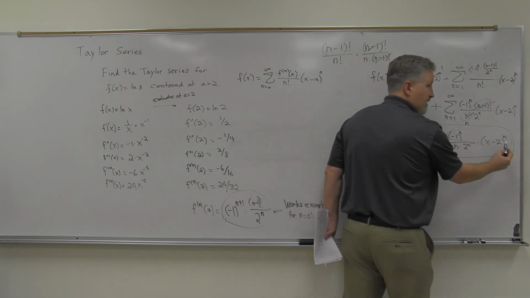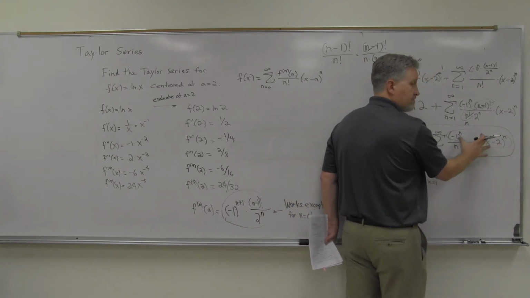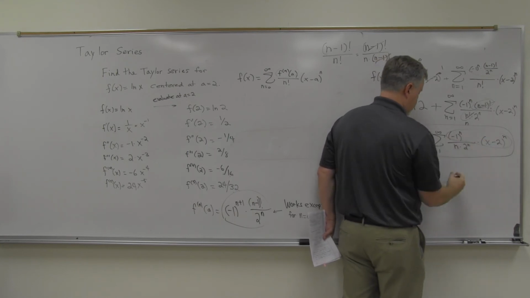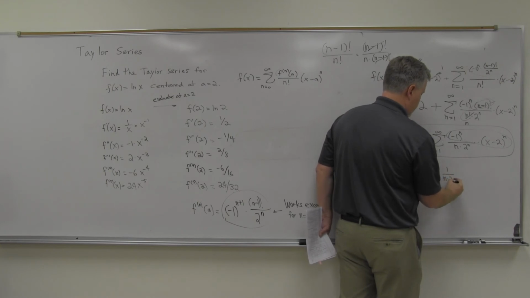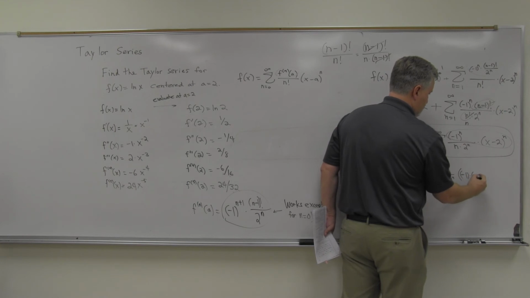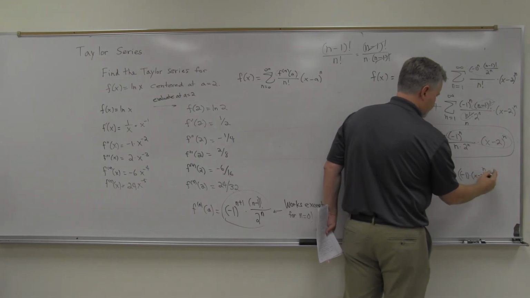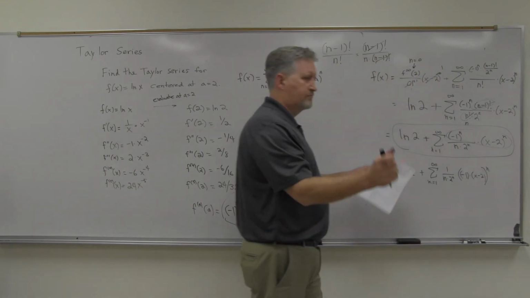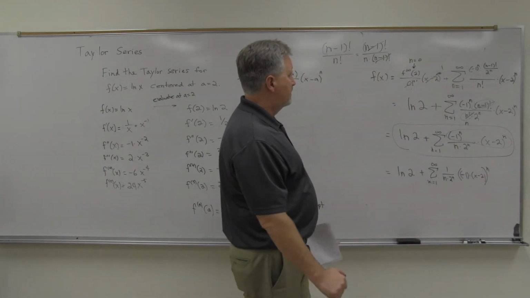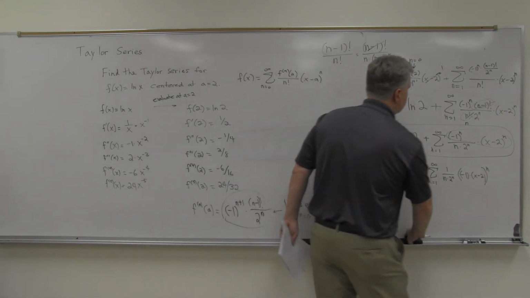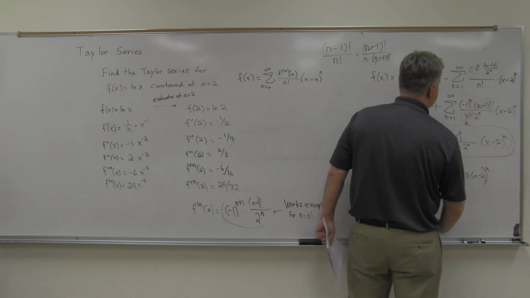Since both of these are the nth power, I can combine those and make it negative 1 times x minus 2 to the nth. See what I'm saying there? Since they're both the nth power, we could, oh, but that's not the case, is it? Never mind. I did that wrong. This is n plus 1.